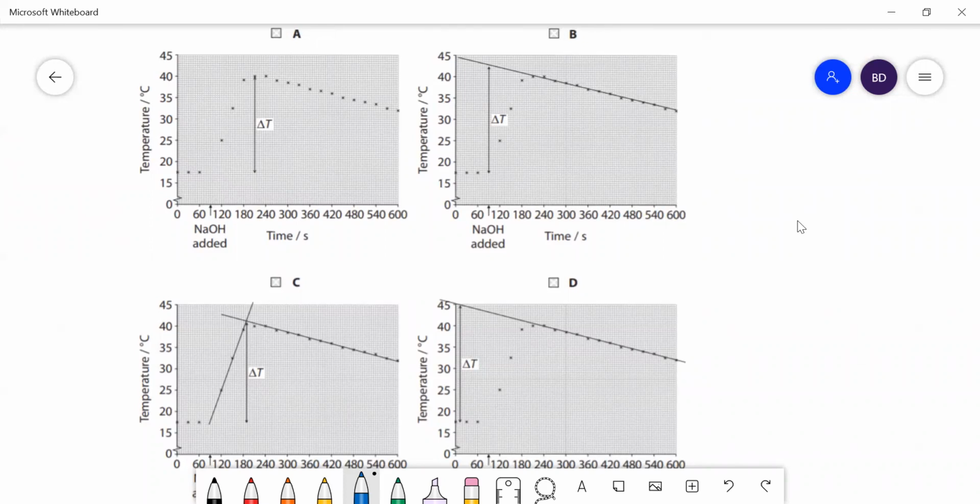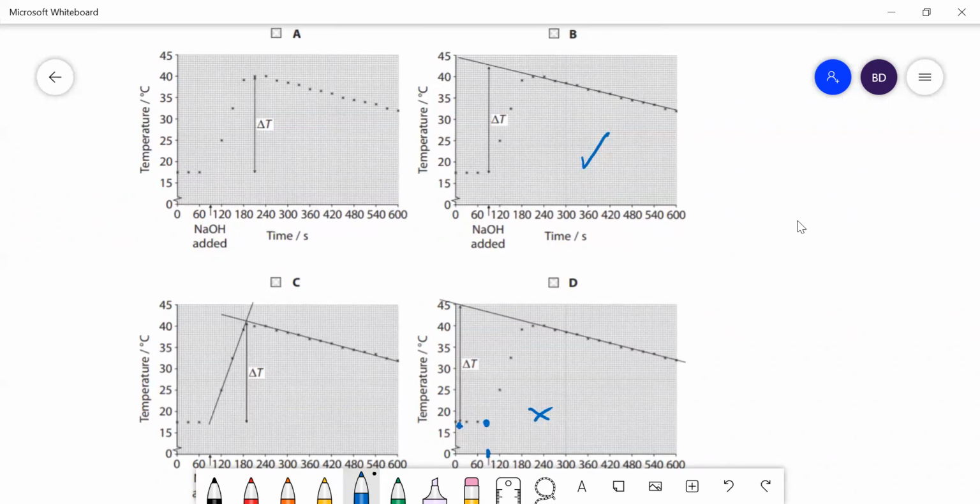Right, so you can see that this one is wrong. Look, they've extrapolated this line back way past to when you added the NaOH. You added the NaOH there, so they've extrapolated it back to here instead of here, so that's wrong. This one is correct.